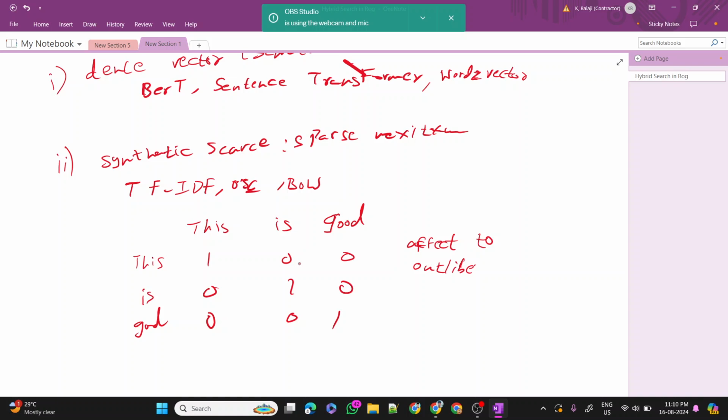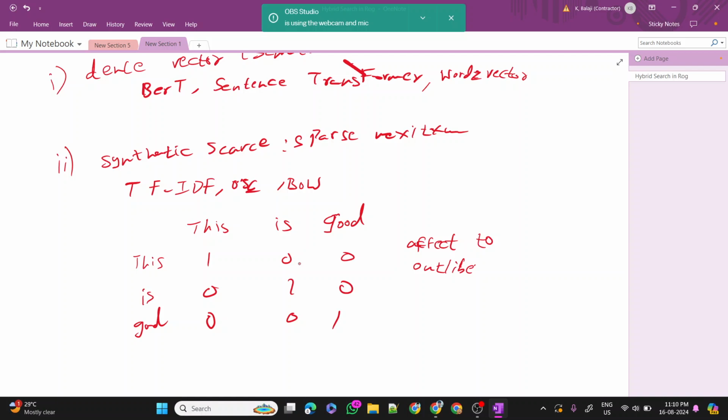If these zeros and ones are not in a normalized format, or when the zeros are more numerous compared to the ones, in these kinds of scenarios it will be mostly affected.